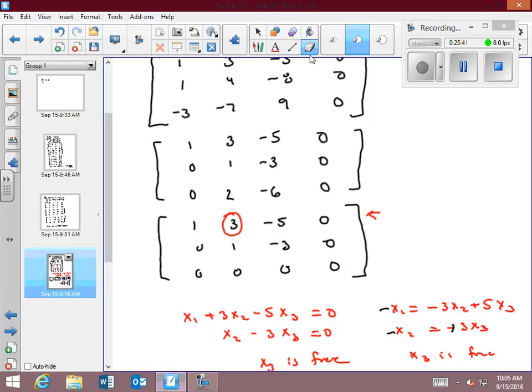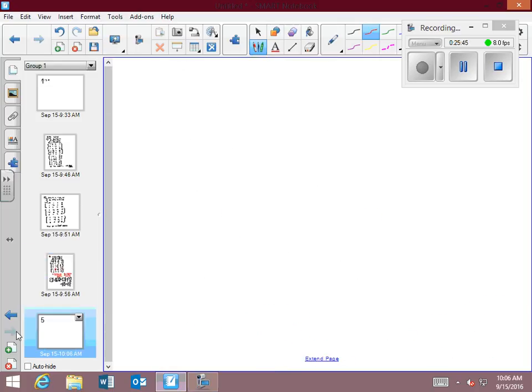Let's not erase that. Let's leave the mistake there, and tell me what it is. We'll do it over here. We'll do it correctly. Matrix with this. Yeah, that one with the 3 in it. Matrix is 1, 3.